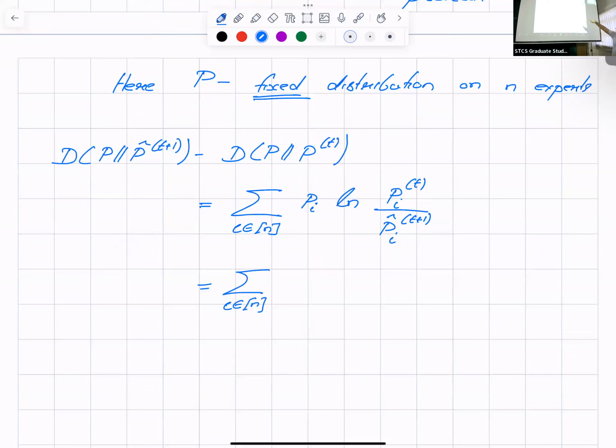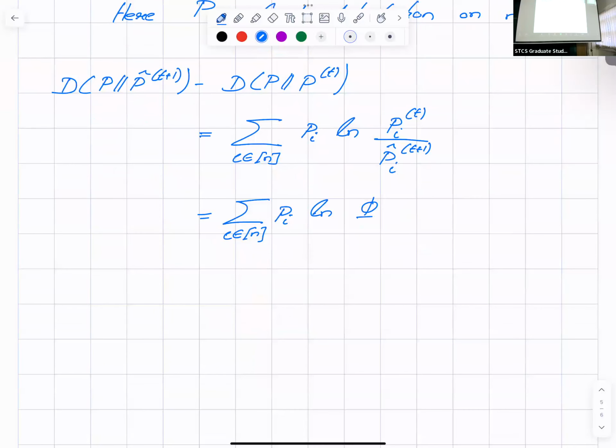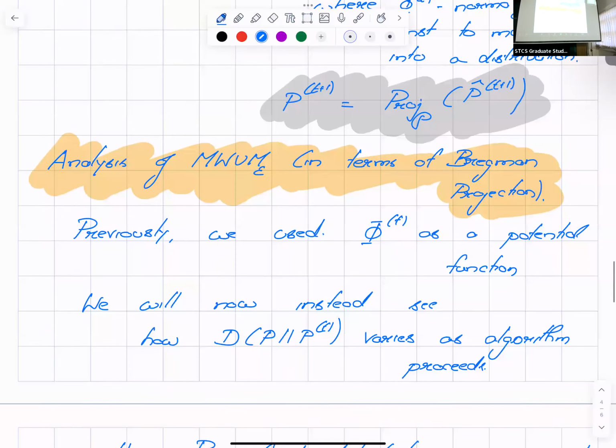The nice thing about this one is this exactly measures the update. The update is exactly that ratio that's happening there. So we have Pi times ln, what was this? This was this normalization constant in the numerator by 1 minus epsilon MIT. That's the update rule.